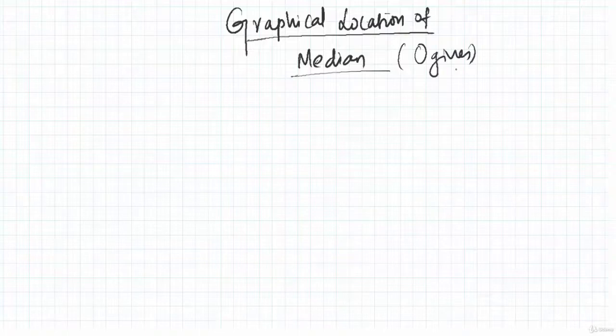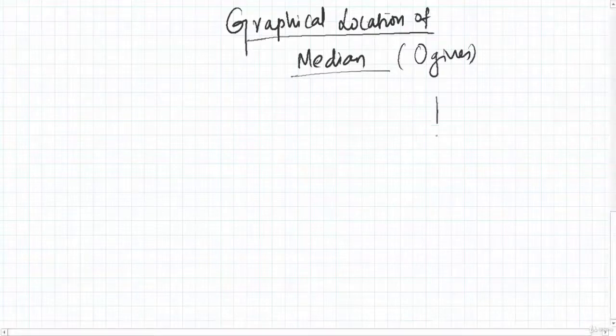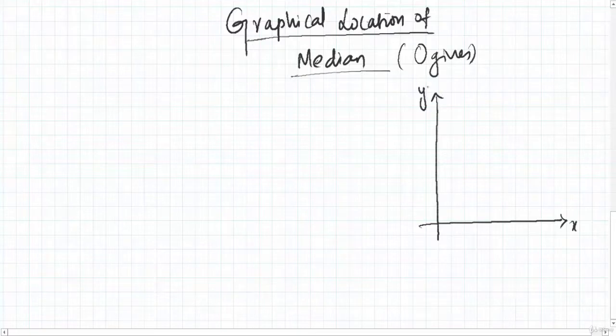If it is too technical, don't get worried, it is a very simple concept. Here the concept says that median is actually the point of intersection, and it is the value on the x-axis. Let's say this is my x-axis and this is my y-axis, and here I'm going to carry the class limits, and on the y-axis the frequency.